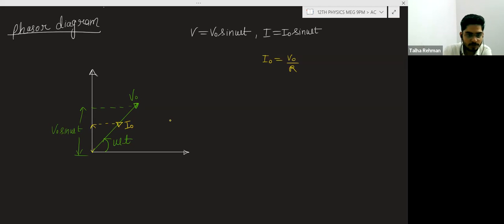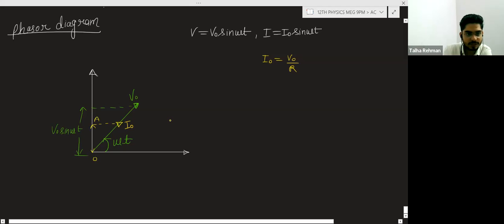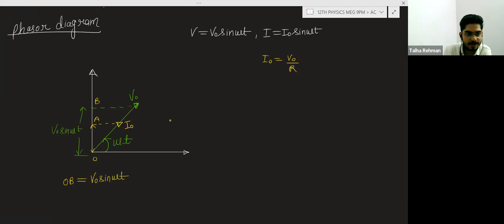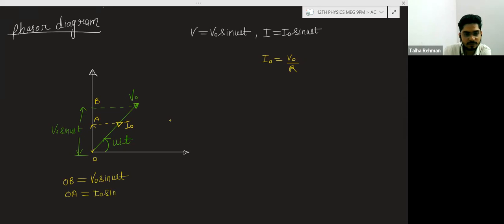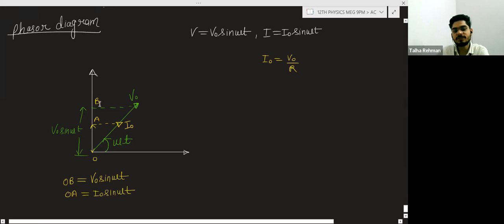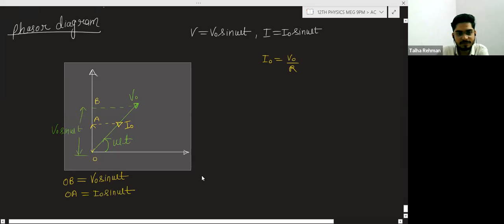I am writing here, suppose this point O, this point A and this point B. So you can write the length of OB is equal to the magnitude of V naught sine omega t, and the magnitude of OA is equal to I naught sine omega t. In this way we can draw the phasor diagram.